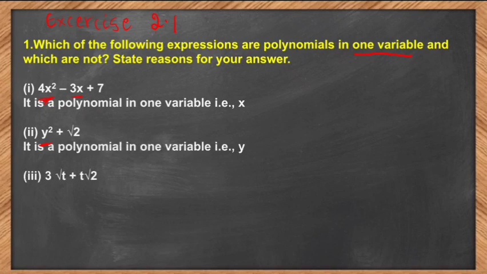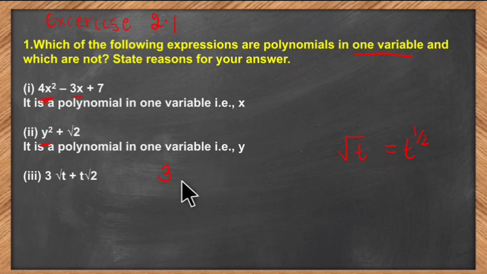Next question, 3√t plus t√2. What is the meaning of this? See here the variable is having a root. If any alphabet is having a root, we can write that as t to the power half, right?